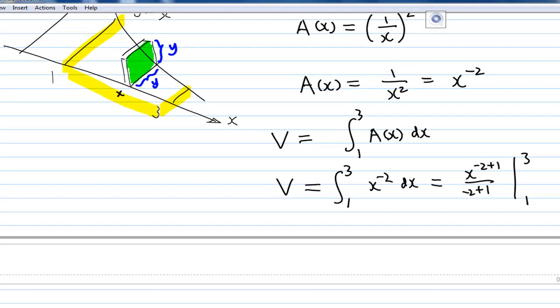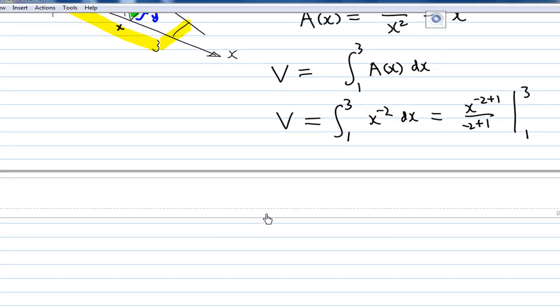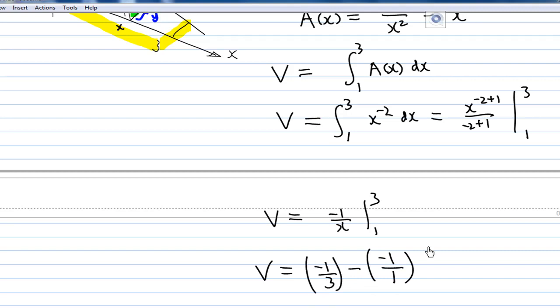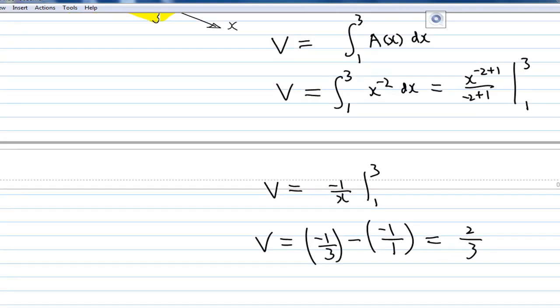And this will give you V equal to minus 1 over x from 1 to 3. So putting x equal to 3, you get minus 1/3. Minus, putting x equal to 1, you get minus 1. So in the end, you get minus 1/3 plus 1, which is 2/3.